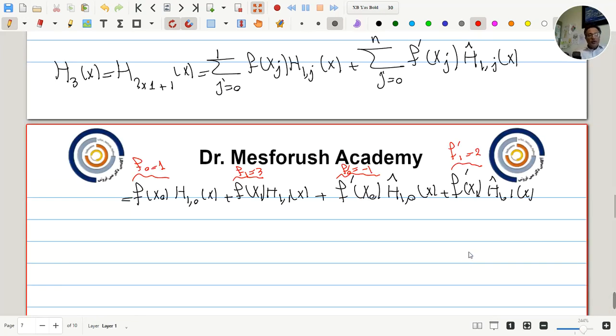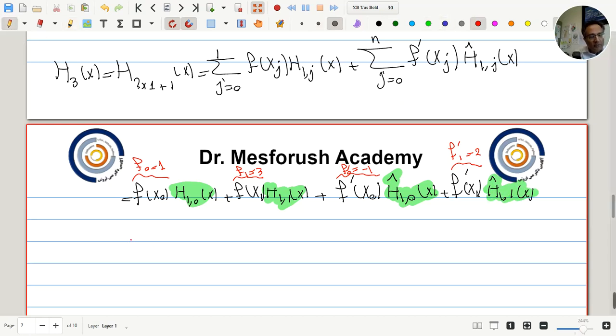So it just remains to compute this term, this term, and finally this term. I have to compute these terms.